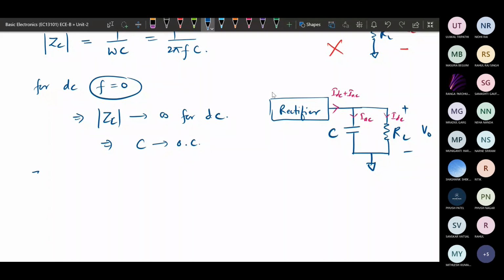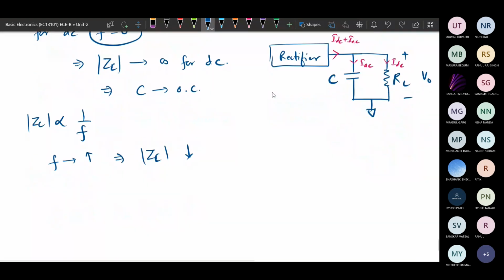From there we can also see in the case of other circuits, if ZC is there, it is inversely proportional to frequency. That means if frequency is high, the ZC value will be low. So for AC components, frequency will be high.